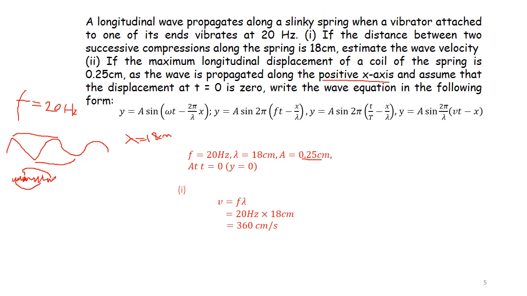Now, write the wave equation in the following form. In this form, our A is known already. So for this expression, we can get our A. Then omega can be obtained. Is that not? 2 pi f. That's omega. You can obtain it. Then lambda is known.